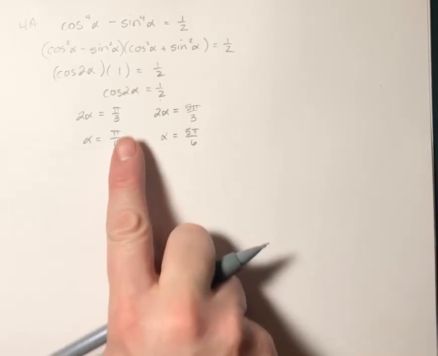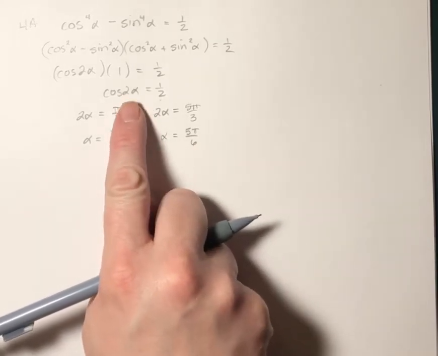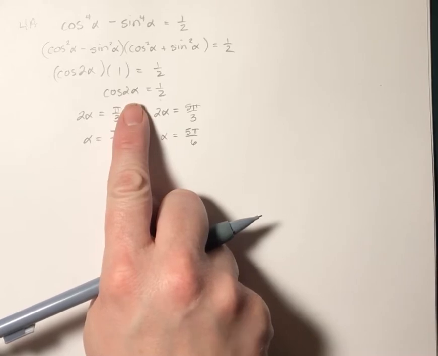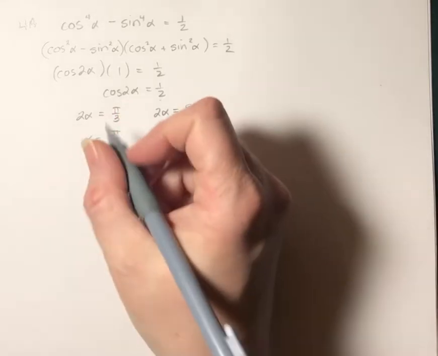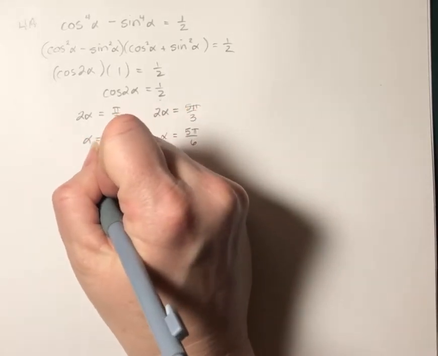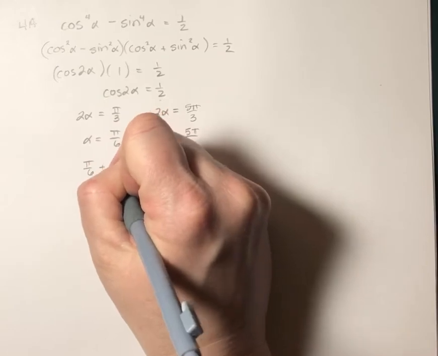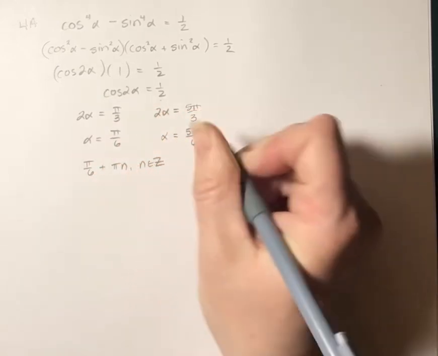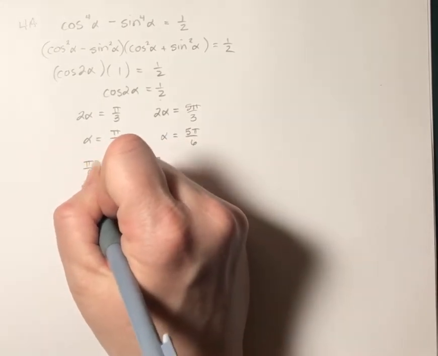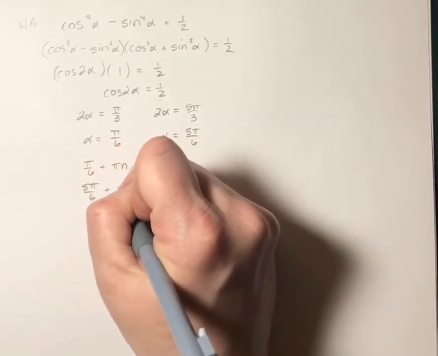My period, because of the way I did this problem, is pi. So my answers are going to be pi 6 plus pi n, and 5 pi 6 plus pi n.